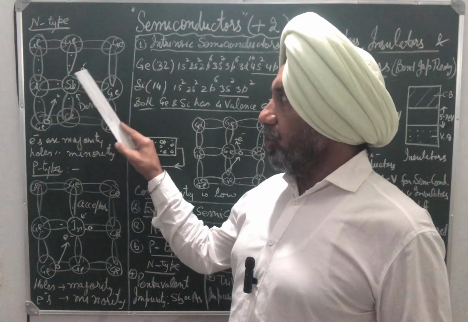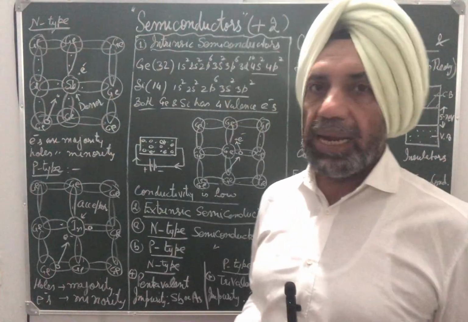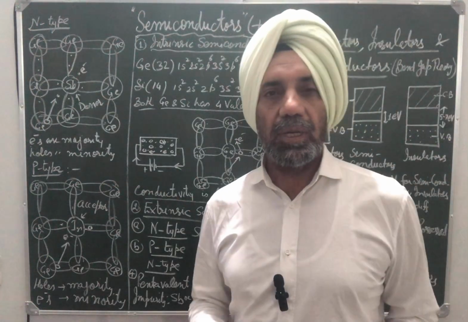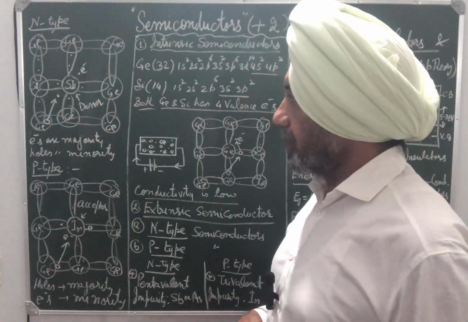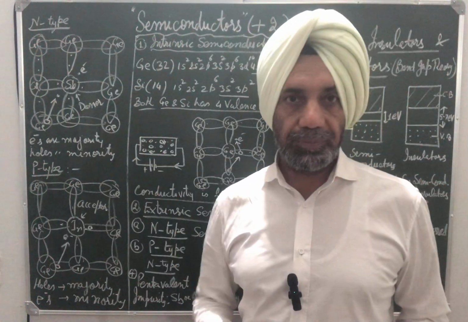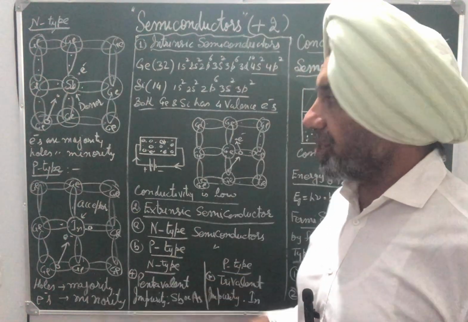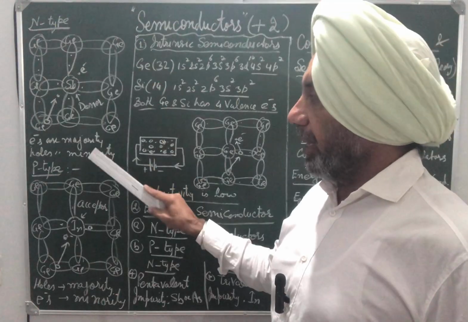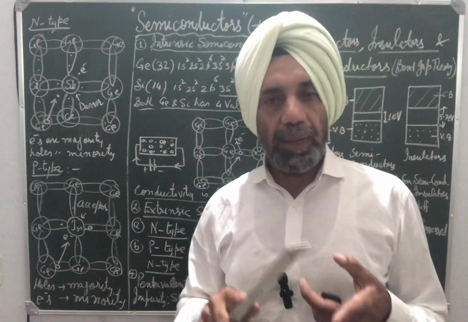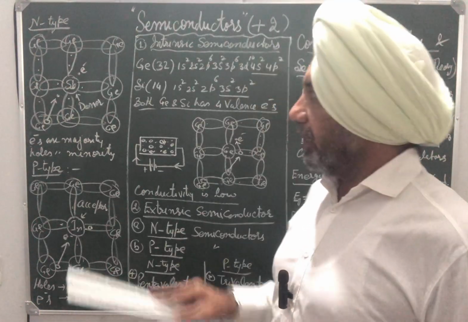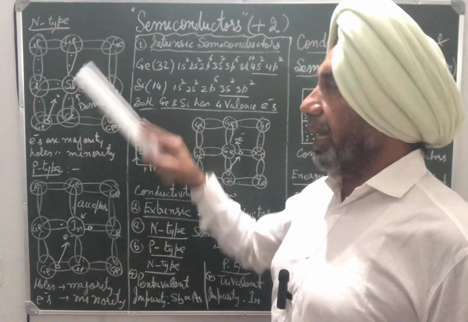But electrons will be the majority carriers in case of N-type semiconductors, whereas holes will be the minority carriers. The impurity atom is called a donor because it donates electrons for conduction. So when a pentavalent impurity is added to a pure sample of germanium or silicon, the sample so formed is called an N-type semiconductor.